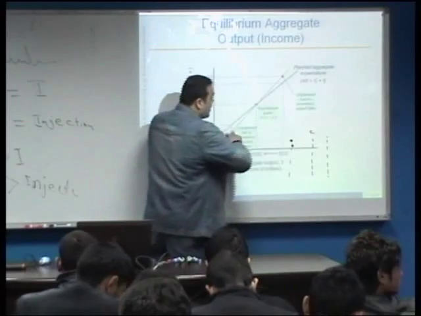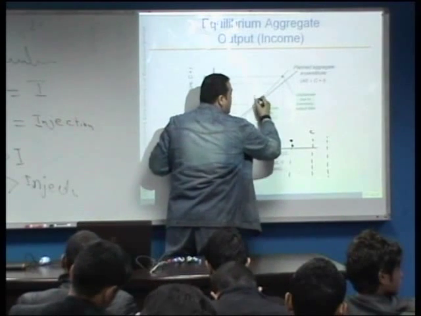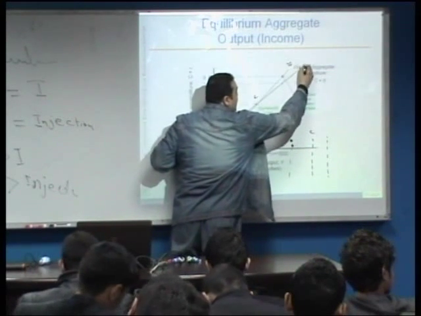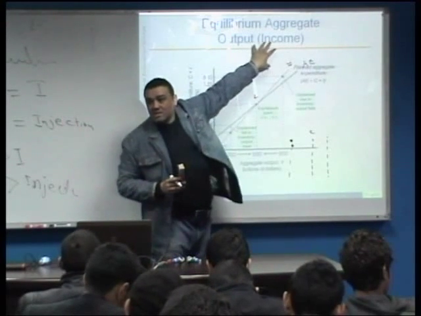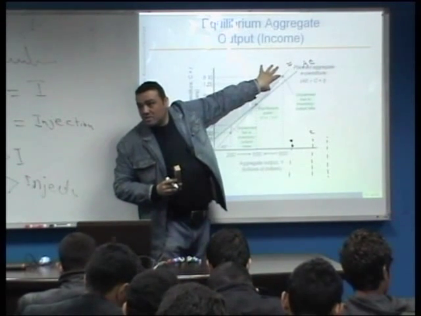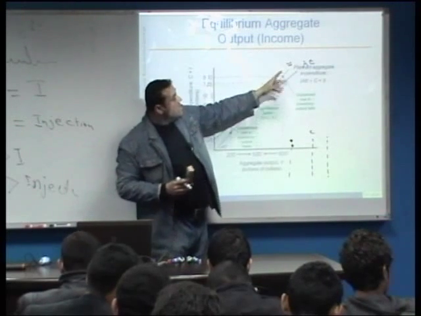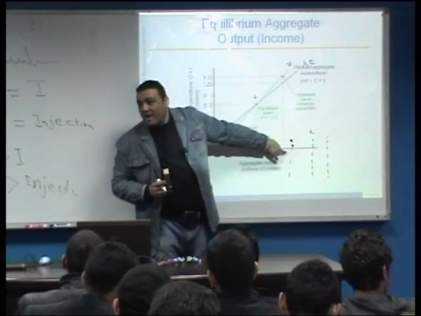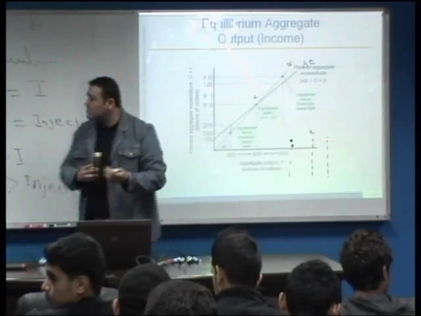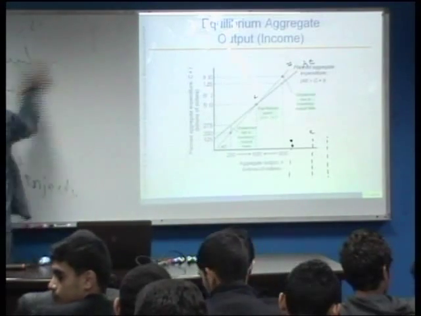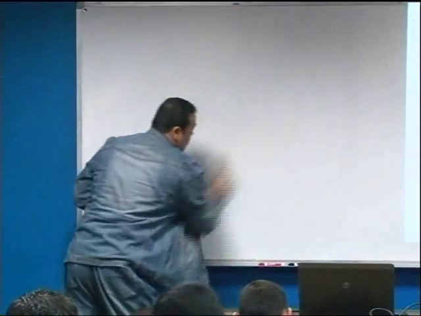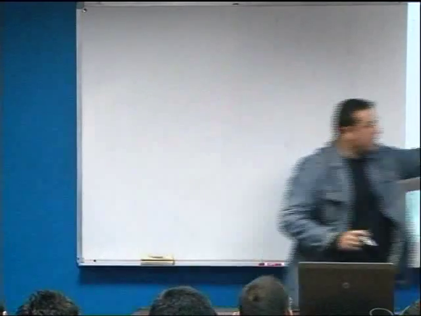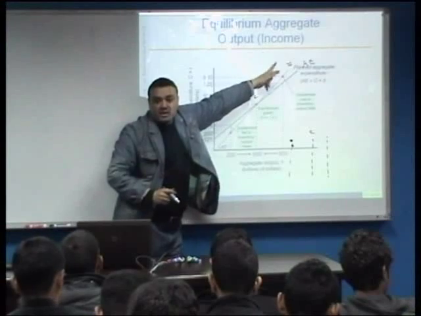So at this point, at the right hand, this is Y, and this is aggregate expenditure. Which is greater? Y is larger than the aggregate expenditure. صح؟ Or saving is larger than I, because Y equals what? At the right hand here, Y equals C plus S, and Y is greater than aggregate expenditure.